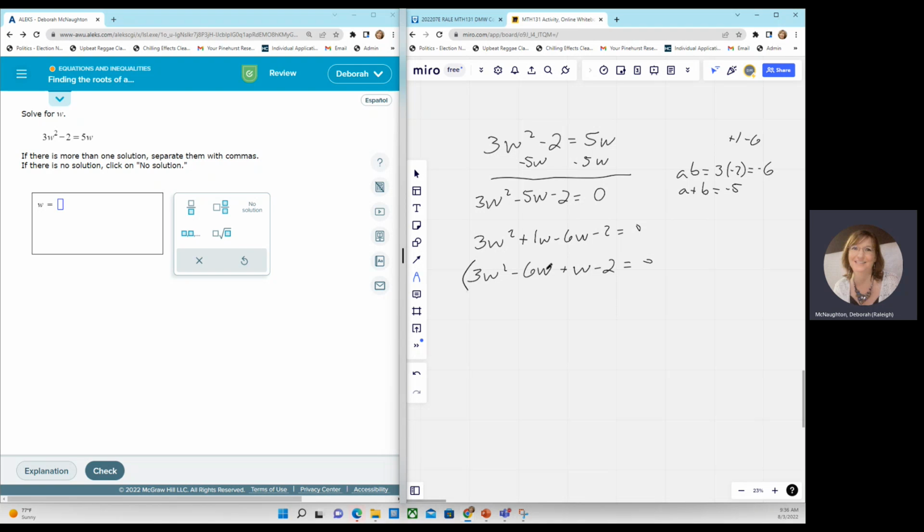And then I split this up into two parts like this, so I can factor. Out of the first term, I pull out 3w, and I get w minus 2, plus, remember there's a 1 here, w minus 2.